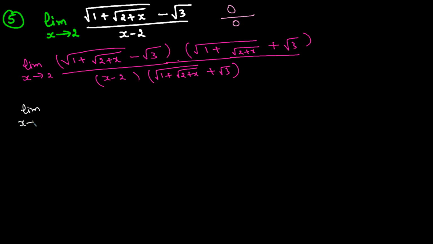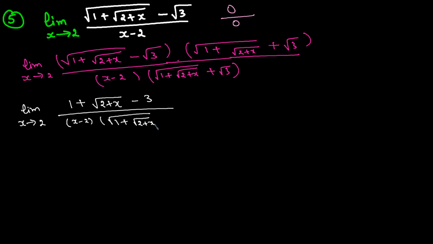Okay, so what we'll get over here? Limit as x approaches 2. So a square minus b square. The square of this gives me 1 plus square root of 2 plus x minus 3 over x minus 2 into square root of 1 plus square root of 2 plus x plus square root of 3.